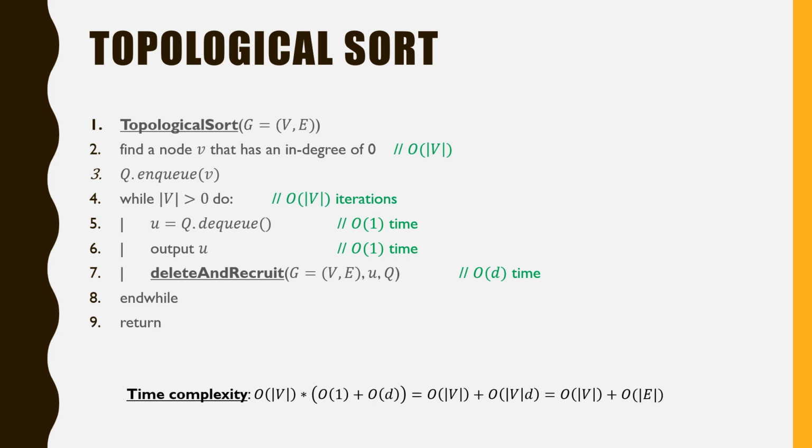The time complexity further simplifies to O(V plus E), as the number of edges E can be estimated by the product of the number of nodes V and the average node degree D. When the DAG is sparse, the time complexity evaluates to O(V), which is more efficient than the original version of the algorithm.